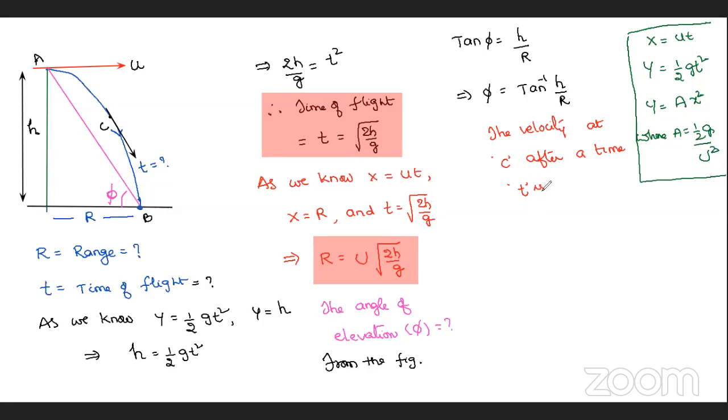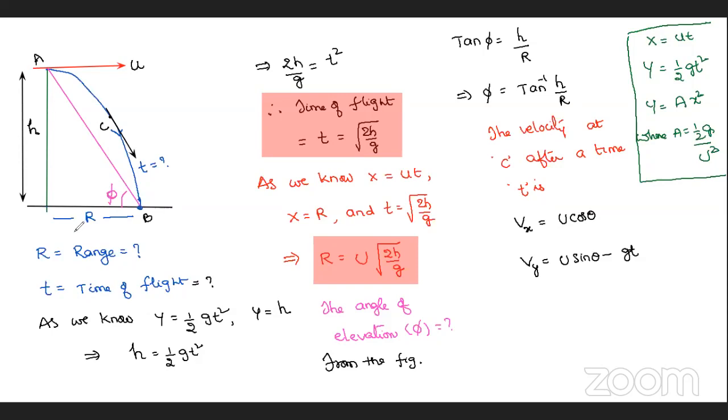It is very simple. You can easily get that. Vx and Vy, if you remember from the previous one: Vx is u cos theta, and Vy is u sin theta minus gt.